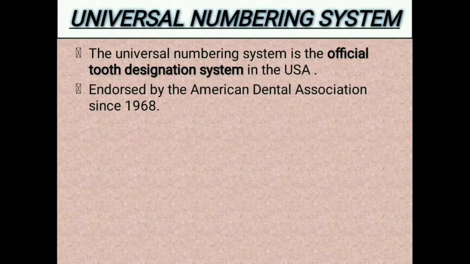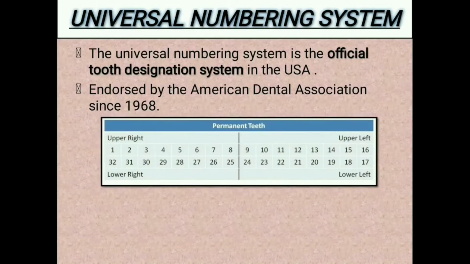Universal numbering system. It is the official tooth designation system in the United States. It was endorsed by the American Dental Association in the year 1968. It was basically invented in the year 1882 by Julius Parreidt. Here we use numbers 1 to 32 to show the whole permanent dentition.